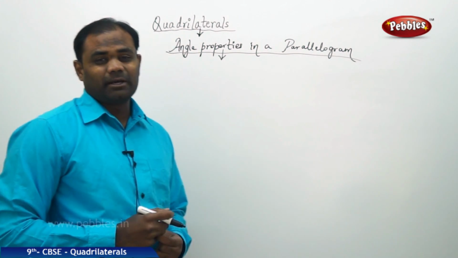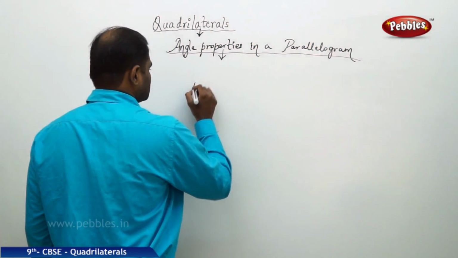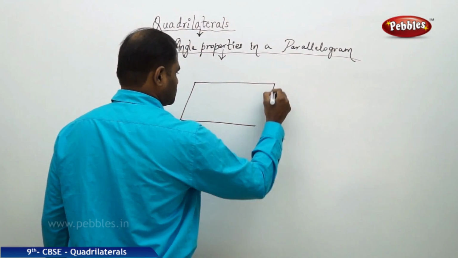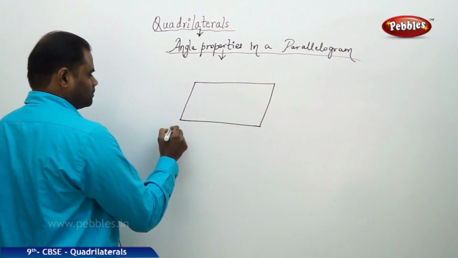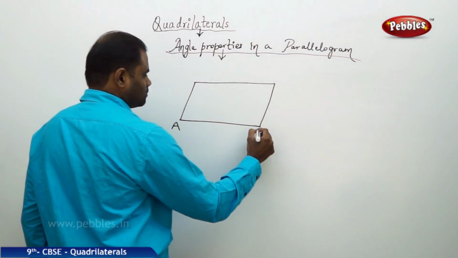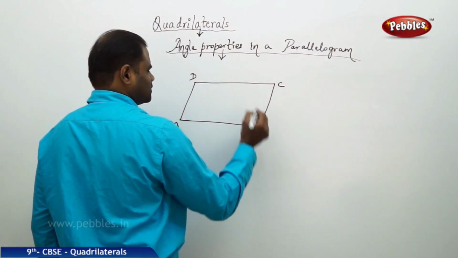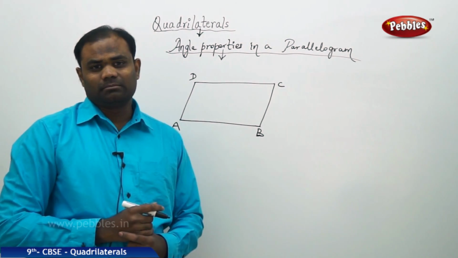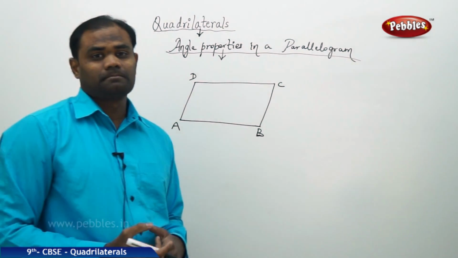So let's take a parallelogram ABCD. So here I have a parallelogram A, B, C, D. So ABCD is a parallelogram in which opposite sides are parallel and of course equal.